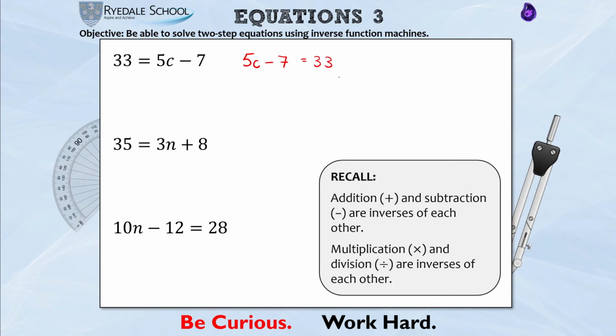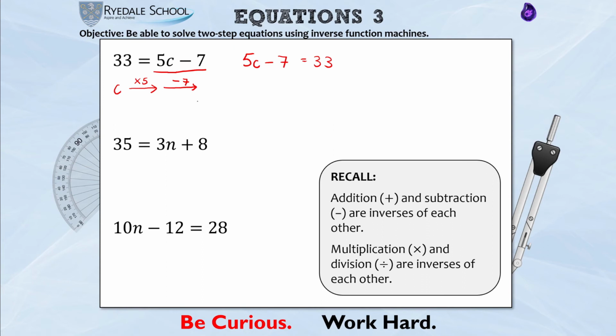It doesn't matter whether the answer is on the right hand side or the left hand side of the algebra. So let's think about what the algebra means in this equation. 5c take away 7. Well, I'm starting with c and I am timesing it by 5 because I have 5c. And then I am subtracting 7.